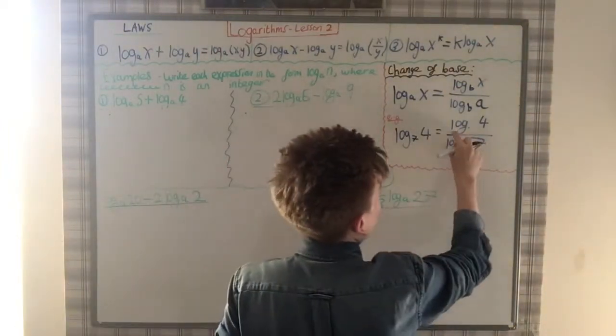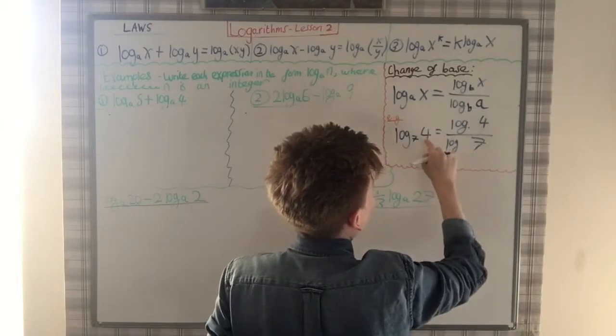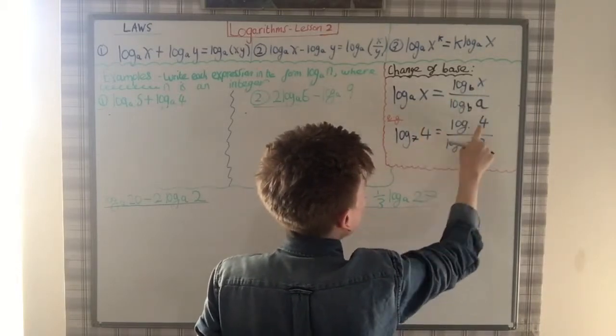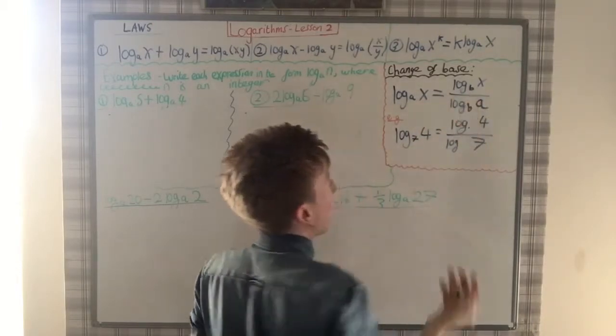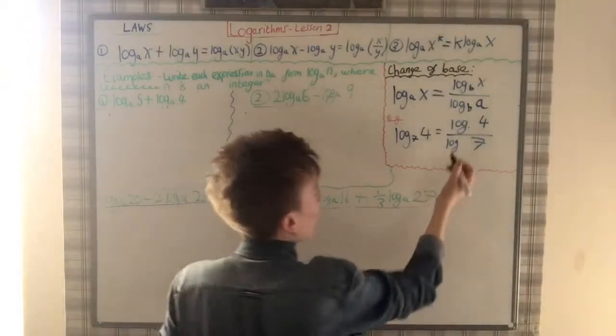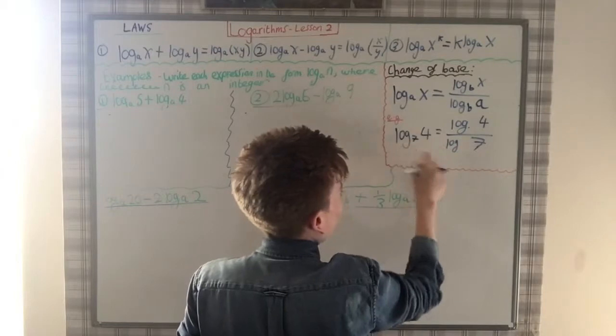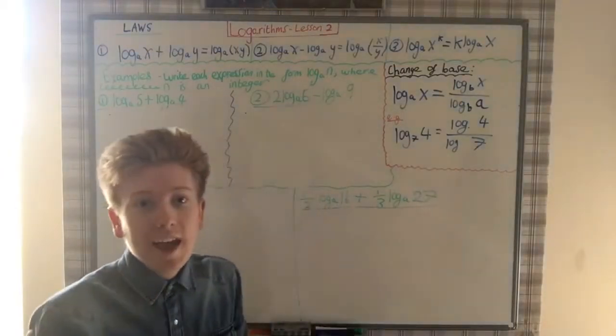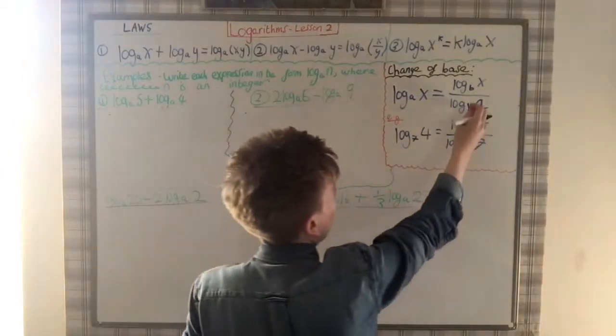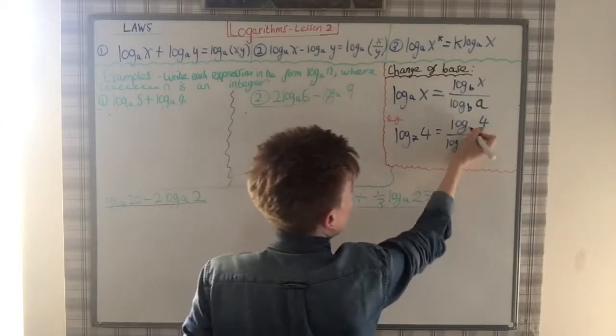So this is the same thing as log of x, in this case the x is 4, with base b, now the base is always going to be 10, divided by log 7, which is the base for this, and that will have 10 as well as the base. So the value of b here will be 10.